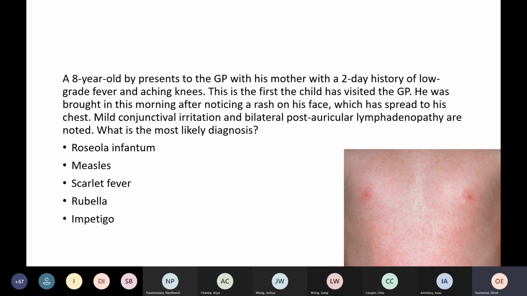And we'll go on to the first SBA. So we've got a bit of a back-to-back SBA here.